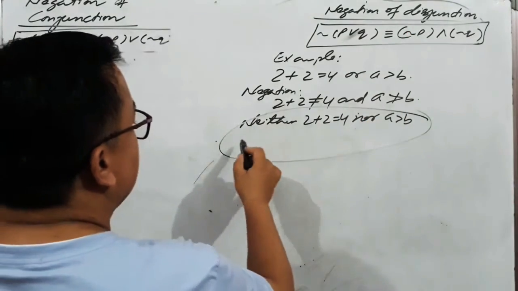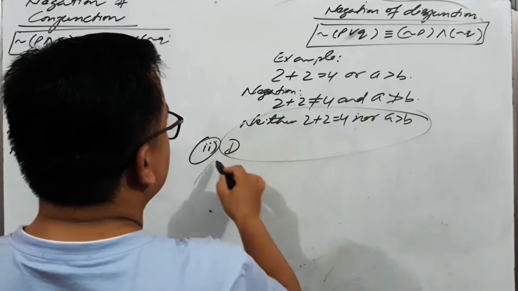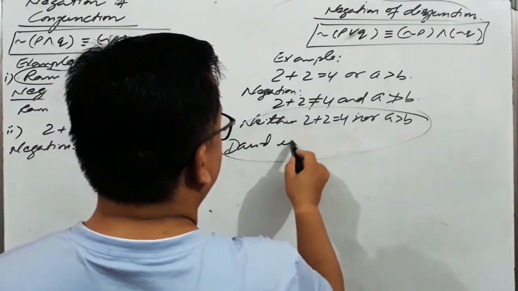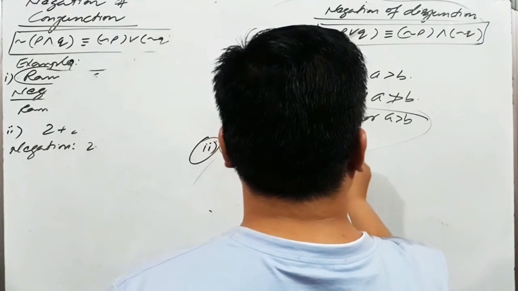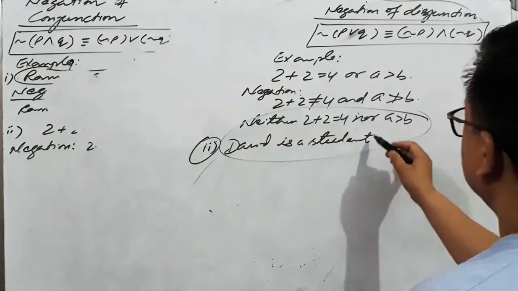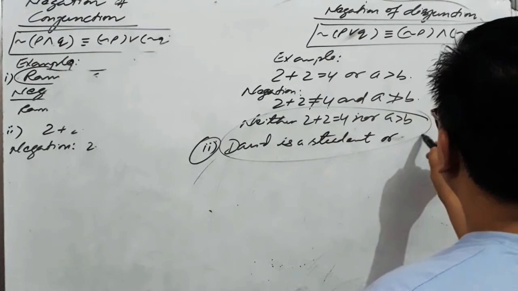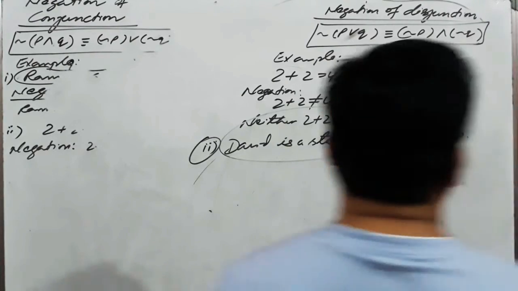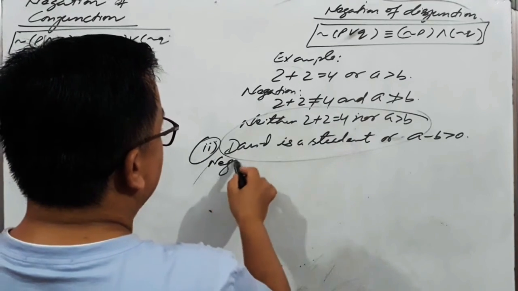Let me take one more, a second example. David is a student or A minus B greater than 0. What will be the negation now?